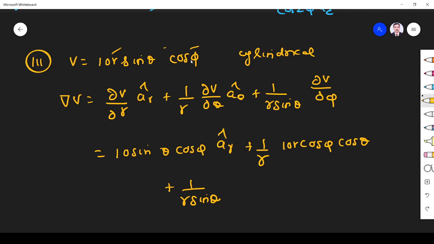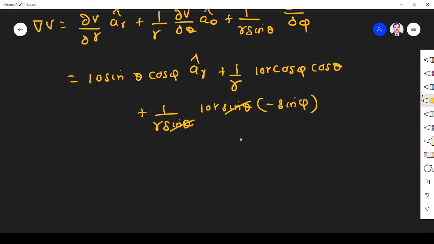When you differentiate with respect to phi, 10 r sine theta will be constant. Differentiation of cos phi is minus sine phi, right? So what will happen? This r sine theta, this r sine theta will be cancelled, right?